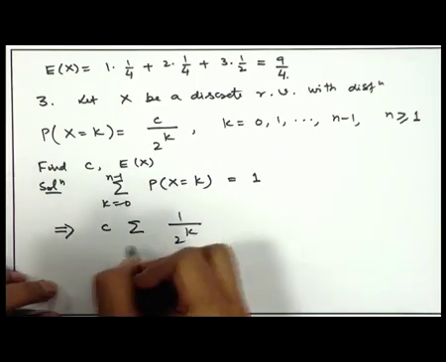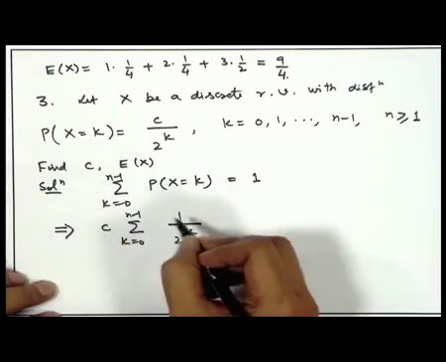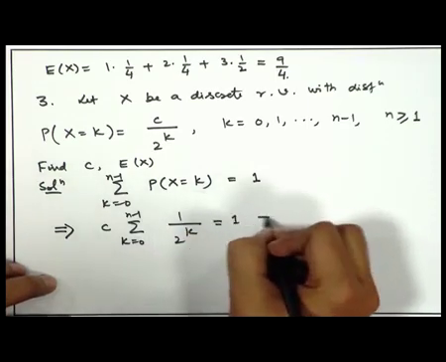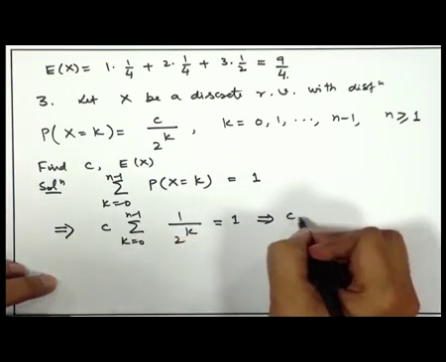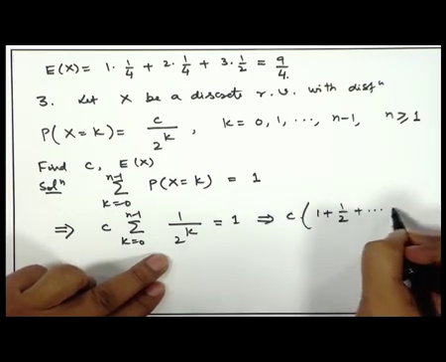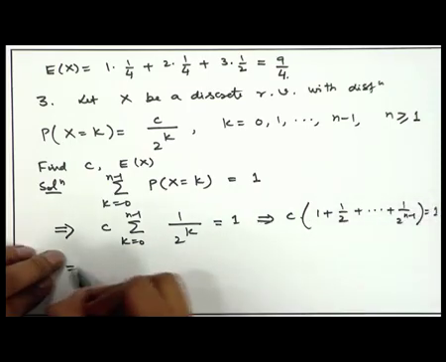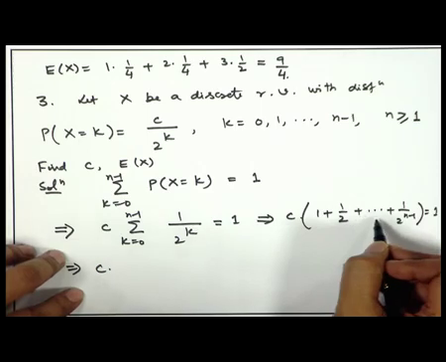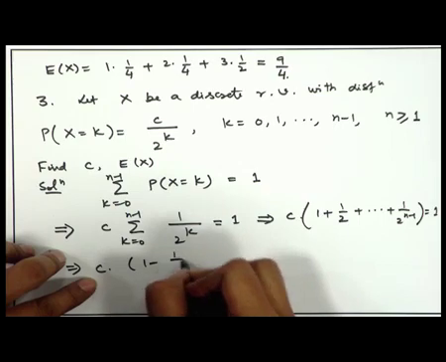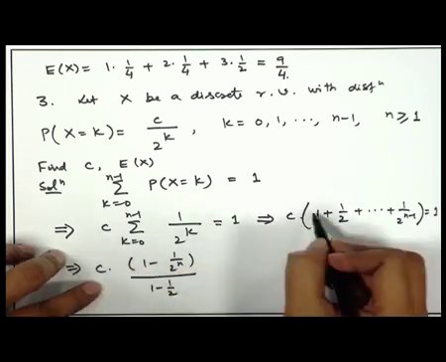So if we sum 1 by 2 to the power k, k equal to 0 to n minus 1, then this is nothing but a sum of a finite geometric progression. So this value we can easily calculate. The first term is 1, then you have half and so on, plus 1 by 2 to the power n minus 1. By the formula of the sum of a geometric progression, we know 1 minus r to the power n divided by 1 minus r into a, where a is 1 here.